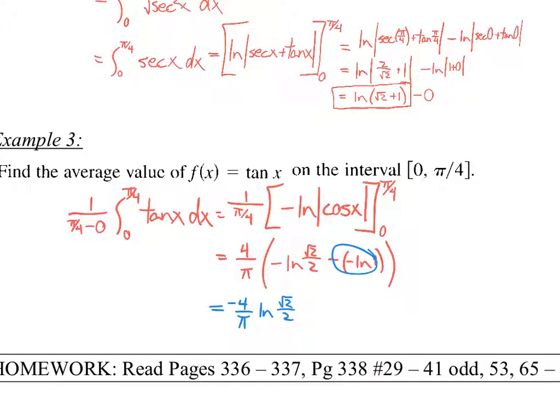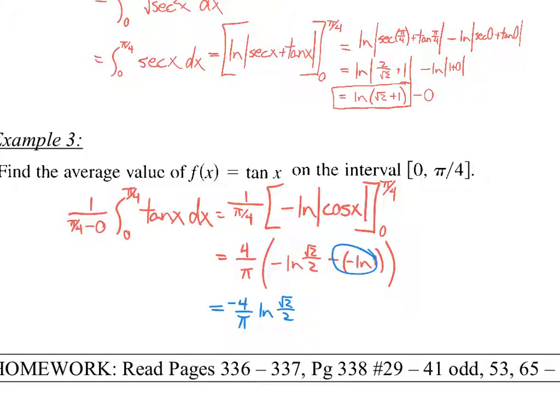A negative times a negative is going to give you a positive value in the end. So our average value here is going to be positive. Now, can we simplify this more? Yes. Are we going to want to unless we're told we have to? No. But just to show you where you can go with this.